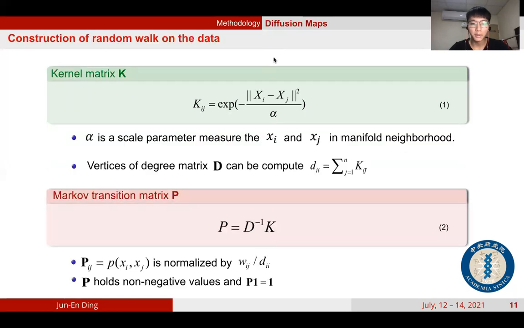In diffusion map, the weight between node i and j is usually defined through a kernel function, such as the Gaussian kernel W_ij, where K is a positive and symmetric kernel matrix using Euclidean distance, and the element of degree D is computed by summation of D_ii. And then we can construct a transition matrix P which normalizes each row entry to unit length.